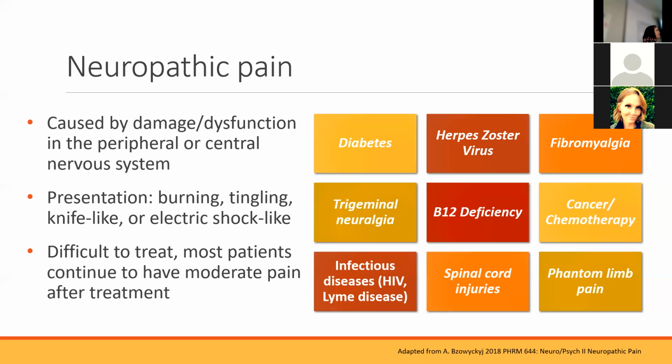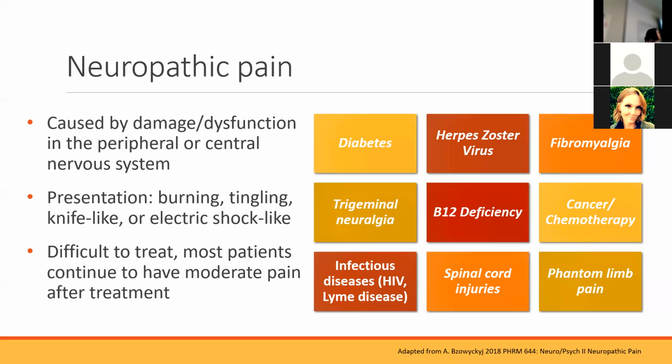We'll see it in diabetes, patients with shingles, so herpes zoster, fibromyalgia, some cancer and chemotherapy pain, although a lot of cancer pain is more somatic. Any sort of spinal cord injuries or physical damage to the nerves.